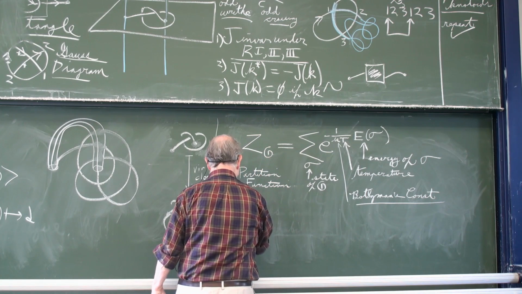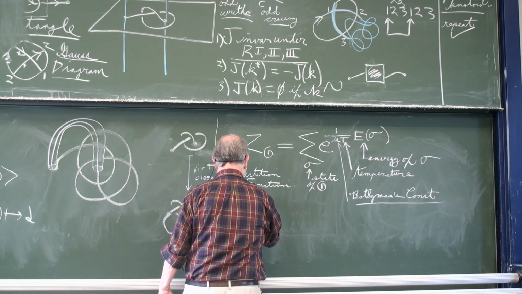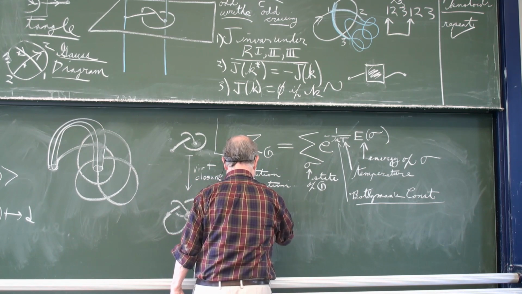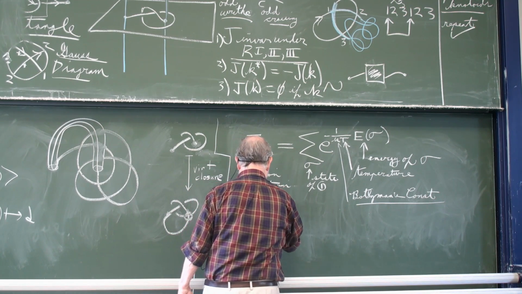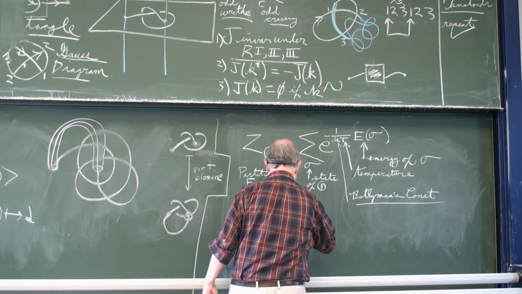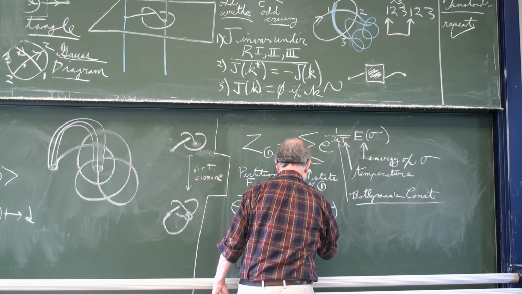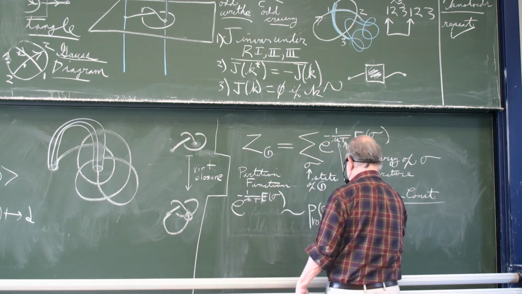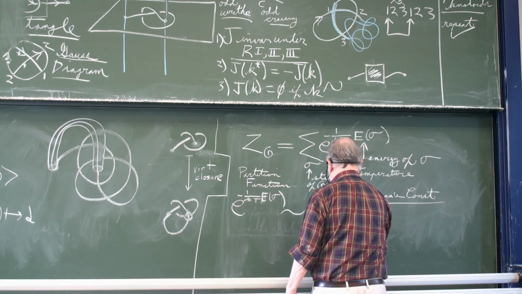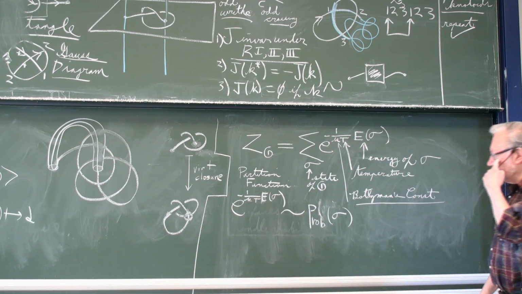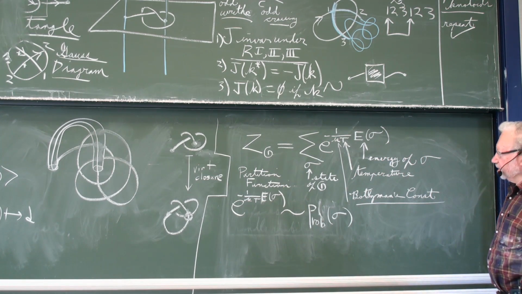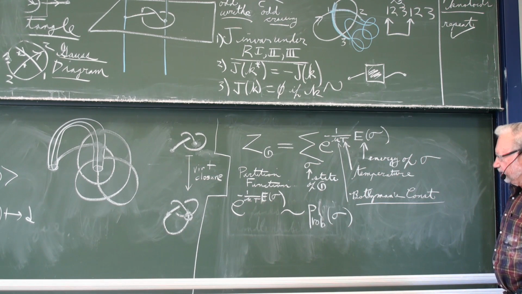And e to the minus 1 over kt, energy of the state, is supposed to be proportional to p of the state, where I mean by that probability of the state, okay? So the probability of being in that particular state of this physical system is e to the minus 1 over kt, energy of the state. You can start to think about, well, what if I raise the temperature? What happens to the probability?